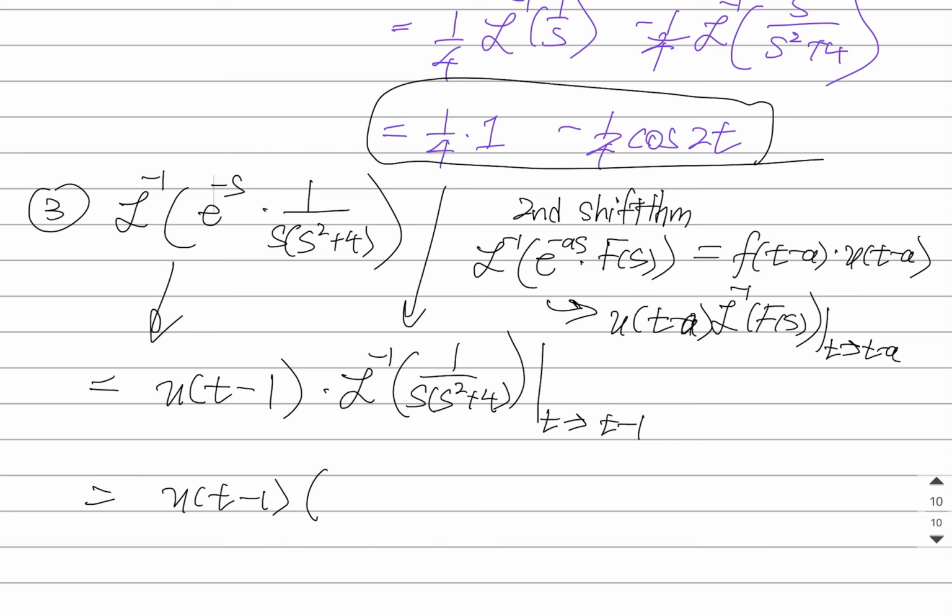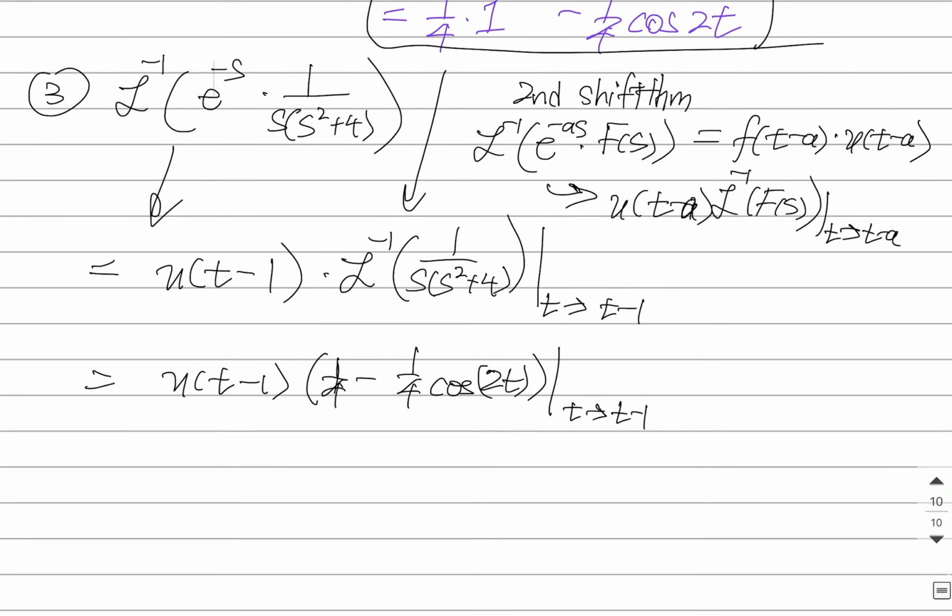This is going to be 1/4 subtract 1/4 cosine of 2t, but this entire result is going to get shifted into t minus 1. And so that tells me at the end of the day, I'll have a unit step, t minus 1, that multiplies 1/4 minus 1/4 of cosine 2 into t minus 1.